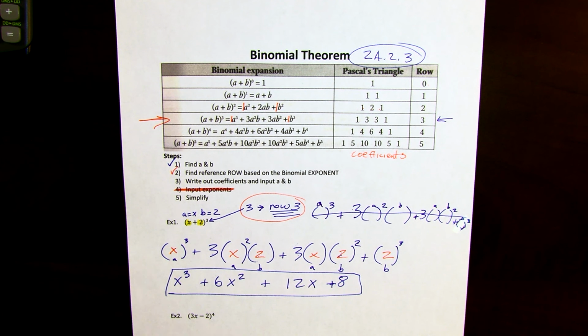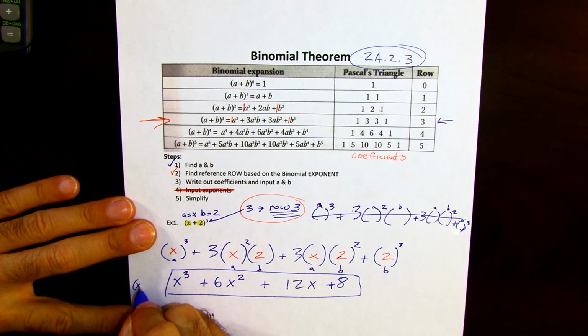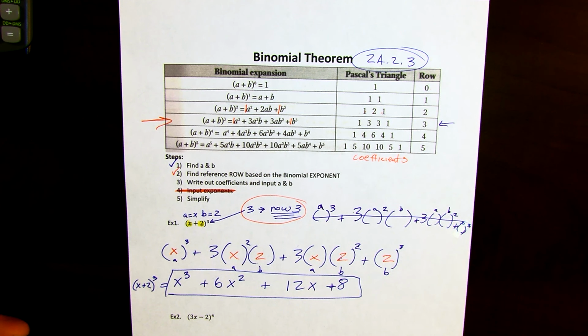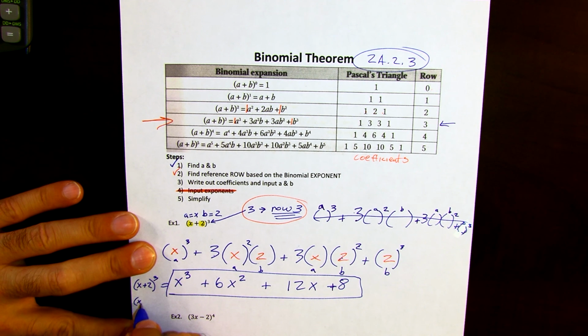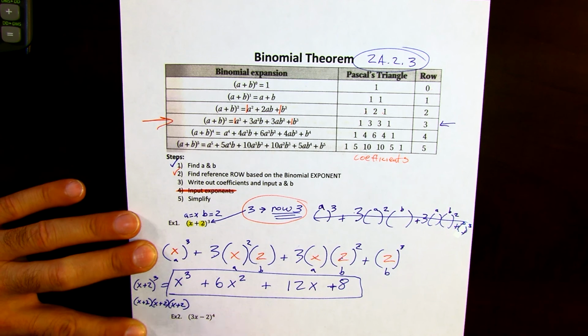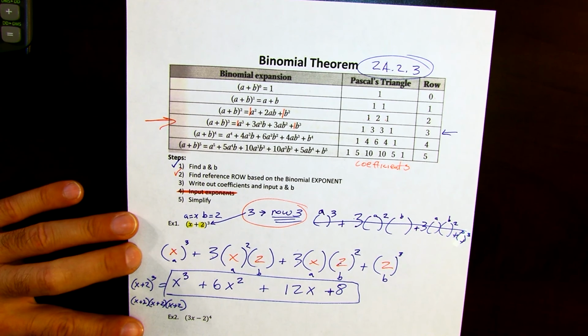So what we just figured out is that x plus 2 to the third is equal to all that. And you're like, well, how did somebody do it before Pascal's triangle? This is what they would do. They would go, oh, it's x plus 2 to the third power. So I'm going to go x plus 2, x plus 2, x plus 2. This is like double FOIL.